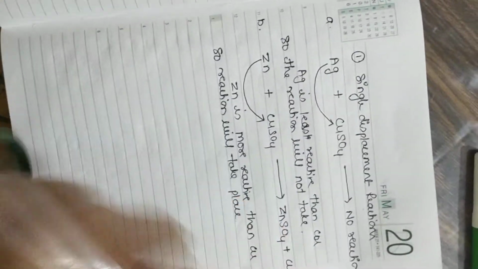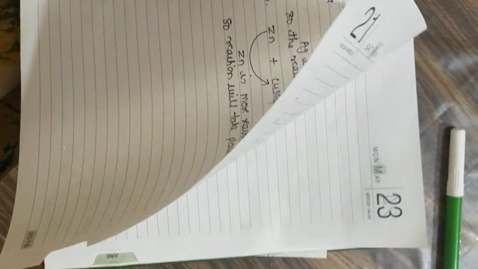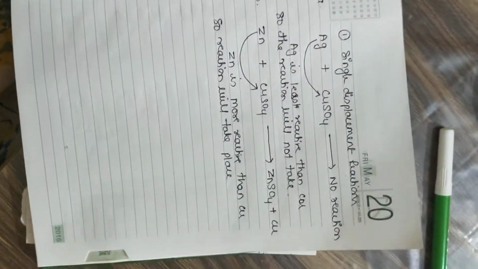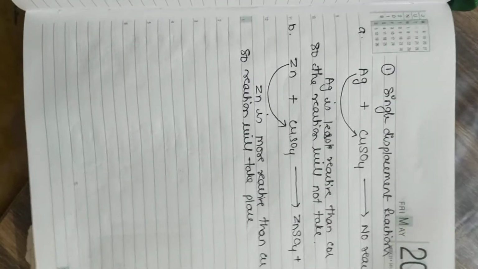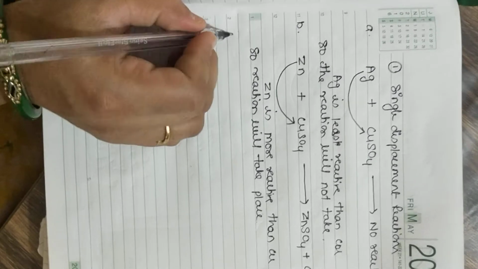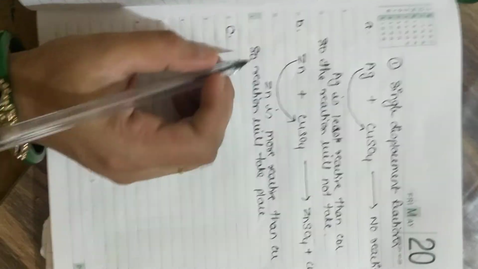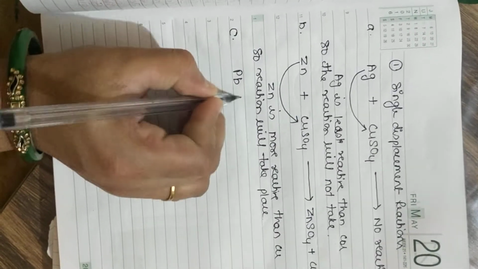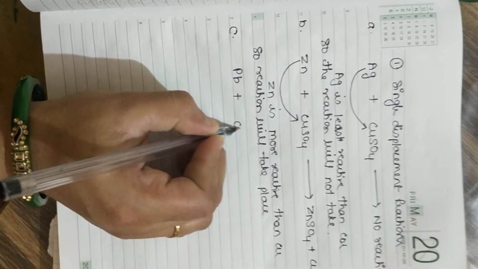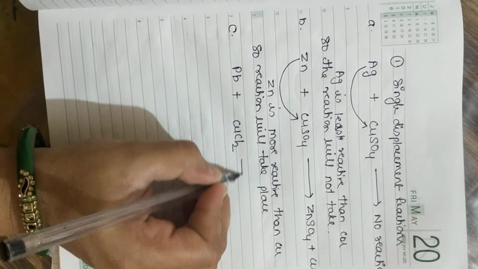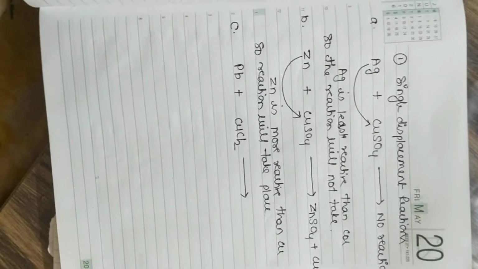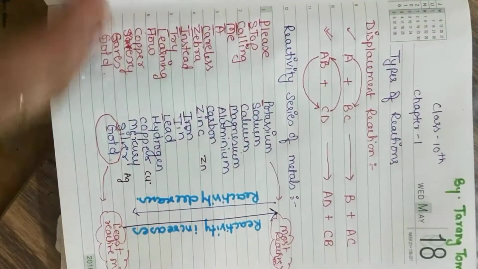If we take another example, suppose lead and copper chloride, will the reaction take place? Let's see the reactivity series.